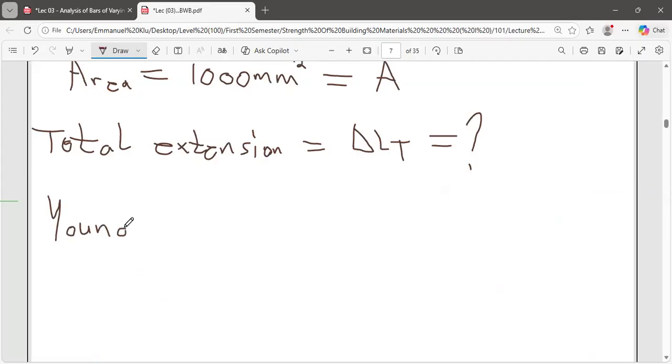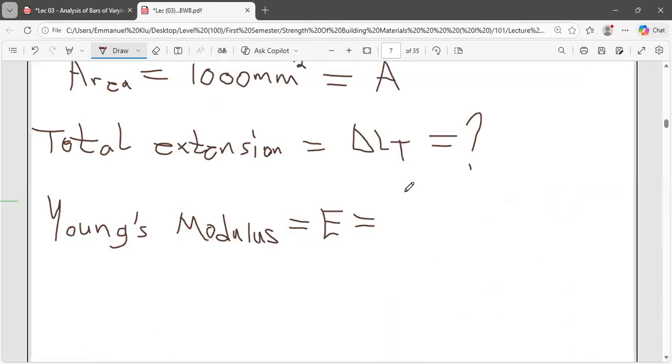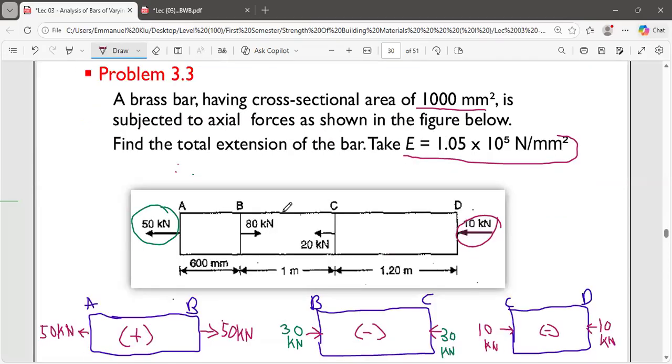So we should take the Young's modulus to be equal to E, which is equal to 1.05 times 10 exponent 5 Newton per millimeter squared. So that is our Young's modulus. Okay. From here, we can now solve our question.